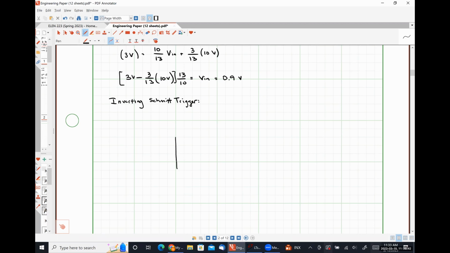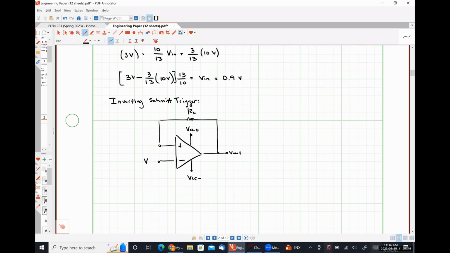So our circuit is almost exactly the same thing. Here is R2 connecting our non-inverting input node to our output node, so we still have positive feedback.